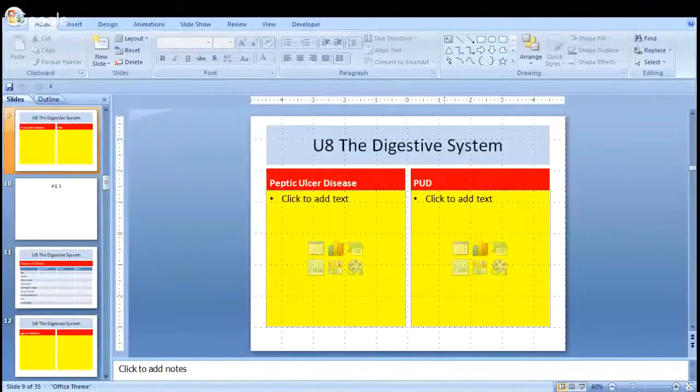So does anybody know anything about colorectal cancer right now? It has a lot of risk factors. There are a ton of risk factors. Let's go through them really quickly. Age, 50 years or older. Gender: it affects men more than women. Race: Black and Caucasian races are more affected by colorectal cancer than, say, Asian or Hispanic.